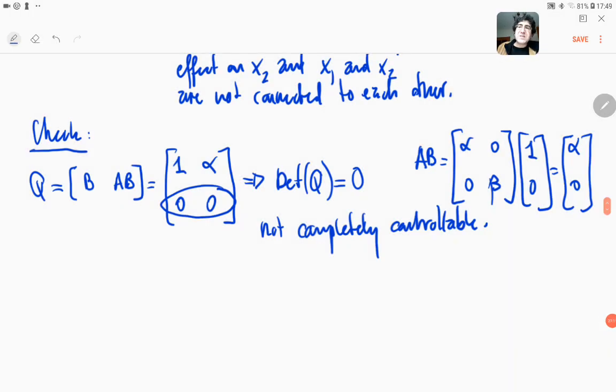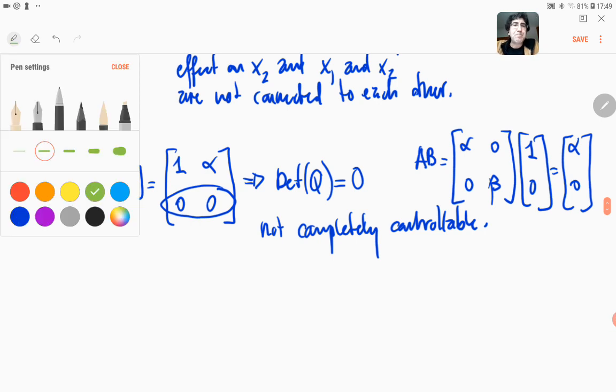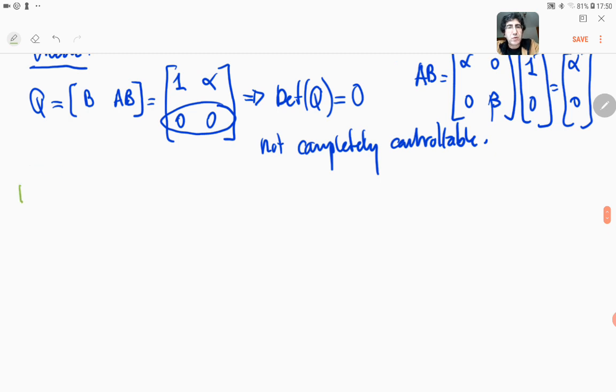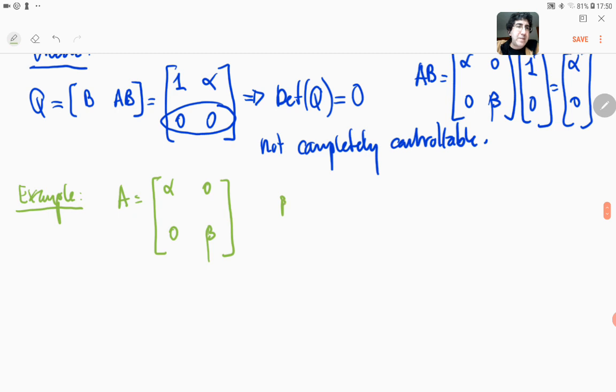All right. Now you might be saying, this example was kind of obvious, if I had connection. If u was actually affecting both states, I would have had a controllable system. So let me show you an example that explores an interesting behavior. Let's say that A is equal to the same matrix, but this time B is equal to 1 and 1.